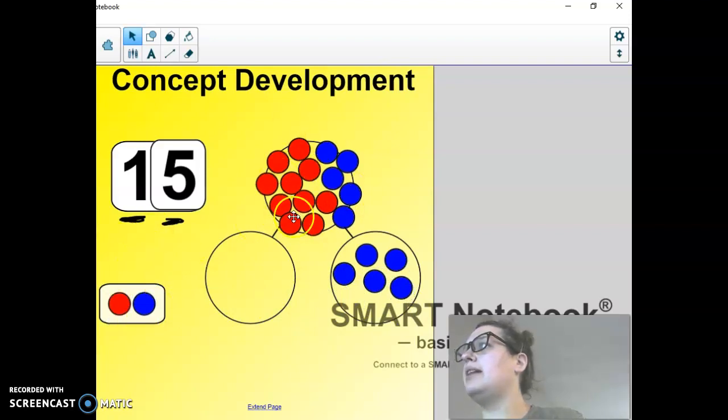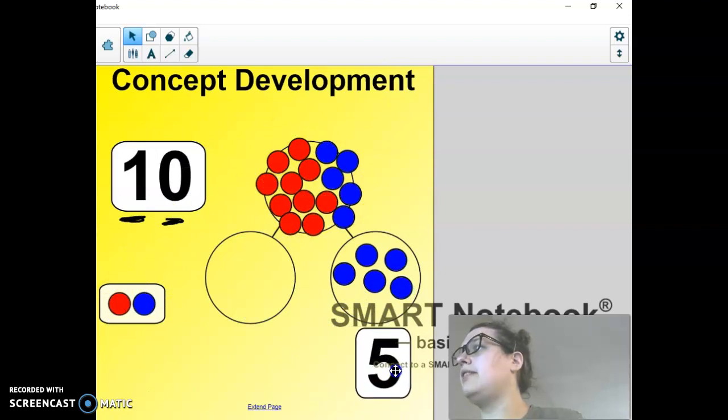And then how many red would there be? Let's count. 1, 2, 3, 4, 5, 6, 7, 8, 9, 10. All right, so there are 10 red up there. So I'm going to move these 10 over here.